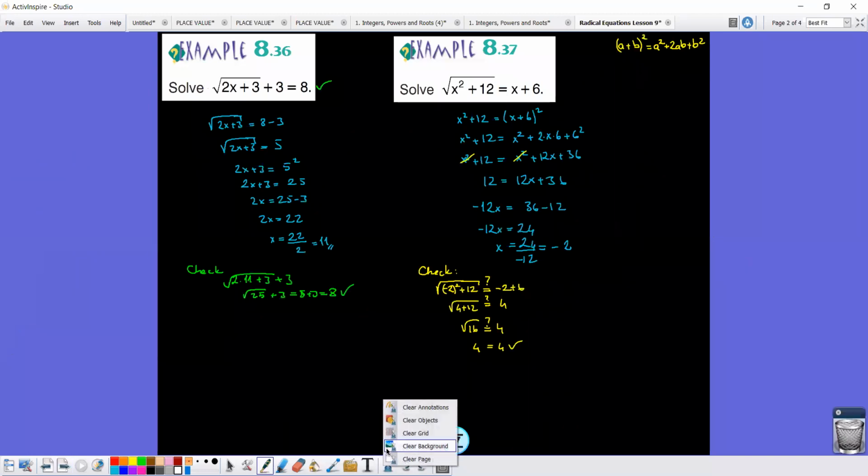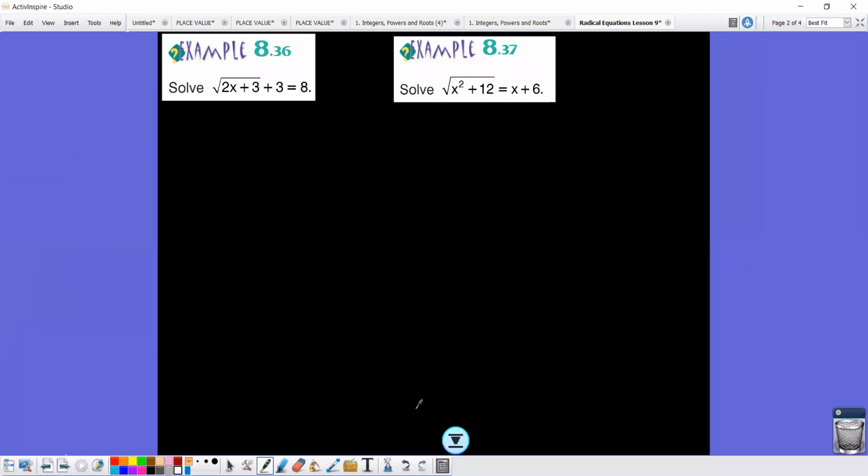Now we have two more examples. In the first one, what will we do? What do you think? We cannot solve it directly. Here we have a radical expression, this part, and then plus 3. I will take the 3 to the other side, to have only the radical expression on one side of the equation.